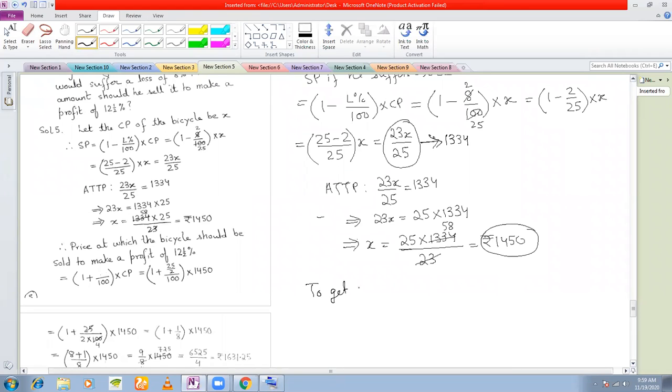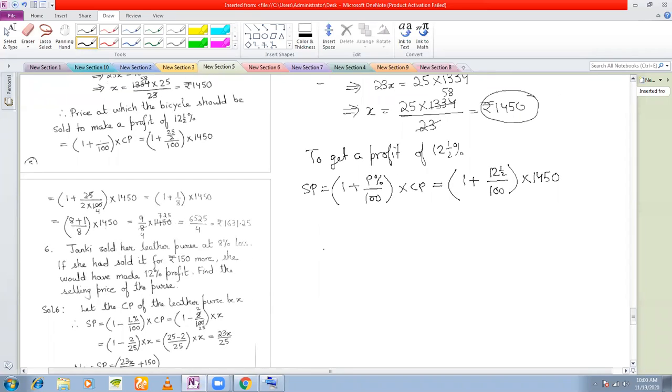To get a profit of 12.5%, selling price must be equal to 1 plus profit percent by 100 into cost price, which is equal to 1 plus 12.5 by 100, and the cost price here is 1,450, which we have calculated above.